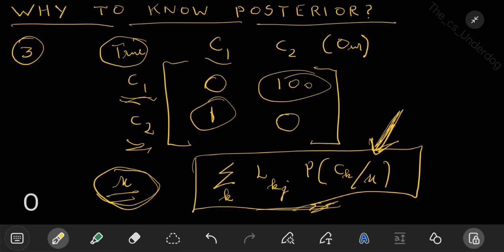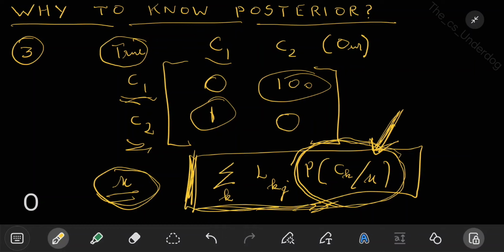But in case you have already found the posterior and you are using the method in which you take the posterior and then use decision theory to find the final solution, what can you do? In this equation, you can change the values of the loss, that is the L_kj values, and use the posterior that you already found.